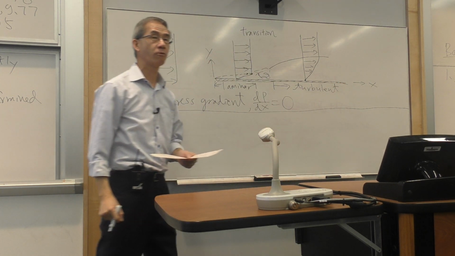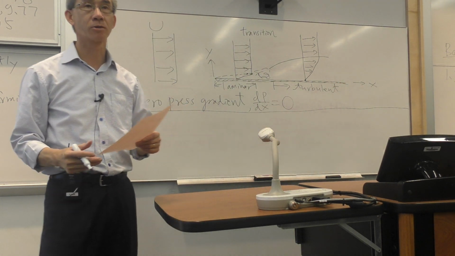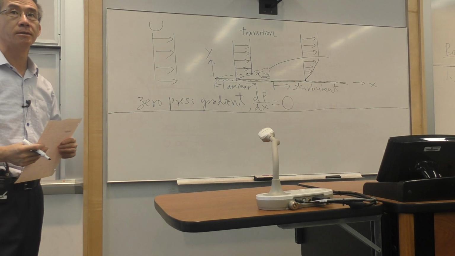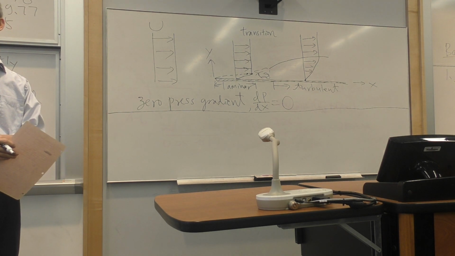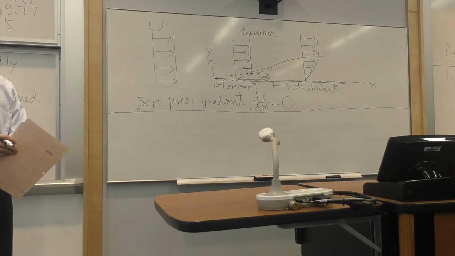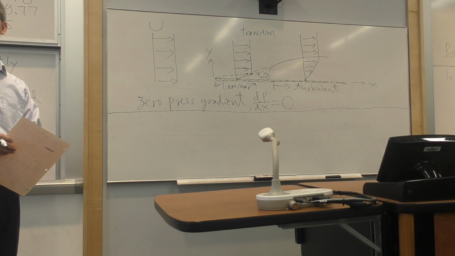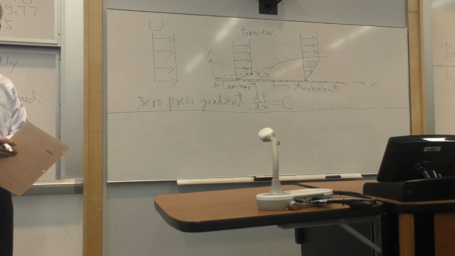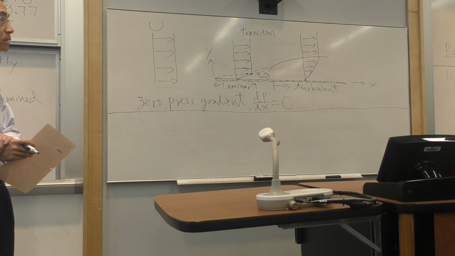That reminds you of the flow in the pipe, except that was wall bounded and in cylindrical coordinates, where below 2300 or say 4000, the flow in that pipe is laminar.